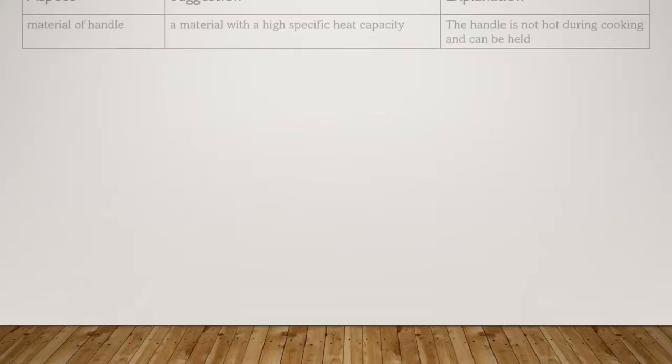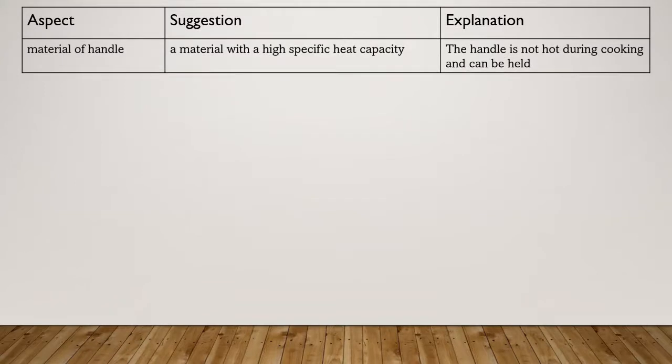Okay, we also answer this question in the form of table. So there are 3 columns: aspect, suggestion, and explanation. Okay, first one, material of handle, bahan untuk pemegang tadi. Okay. Suggestion dia, kita punya cadangan ialah a material with high specific heat capacity.